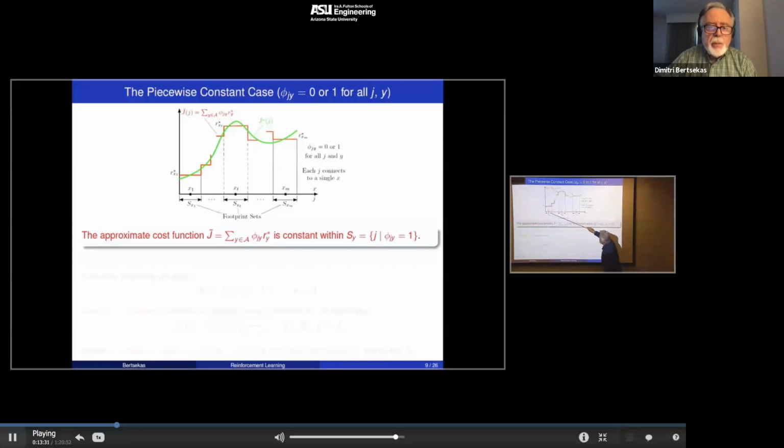Now the states are the things that are in here. The representative states are just these. Okay? Each representative state under this assumption here has a footprint, and the approximation is piecewise constant. Within each footprint, the level of constancy is the optimal cost of the corresponding representative state.